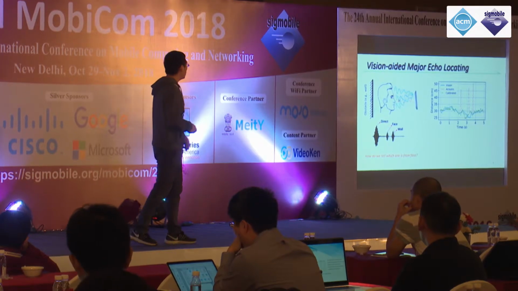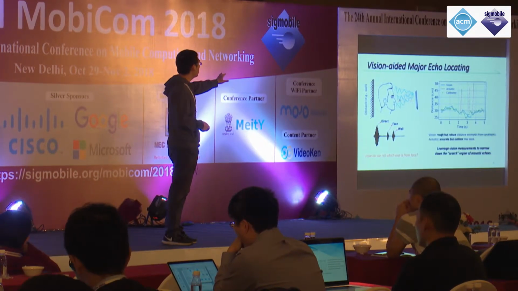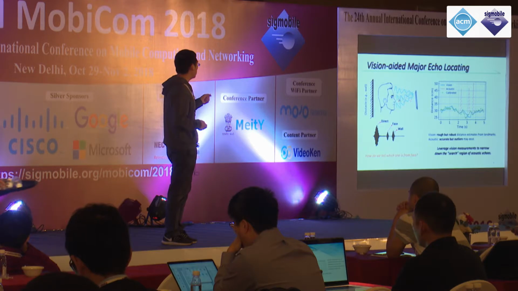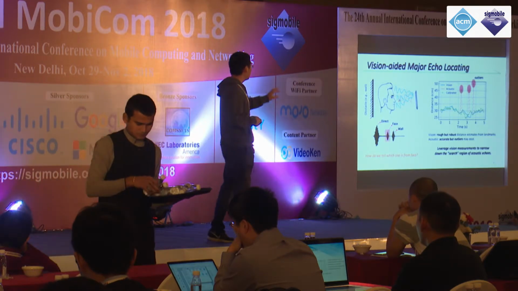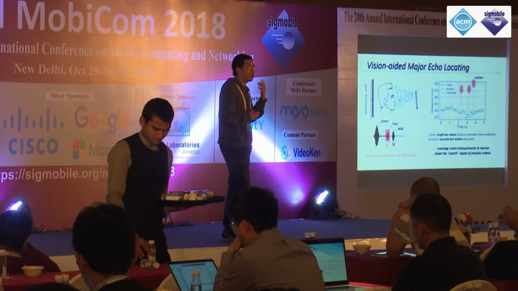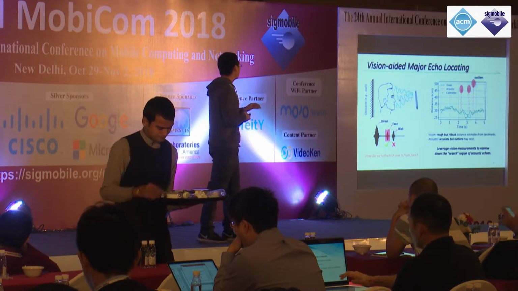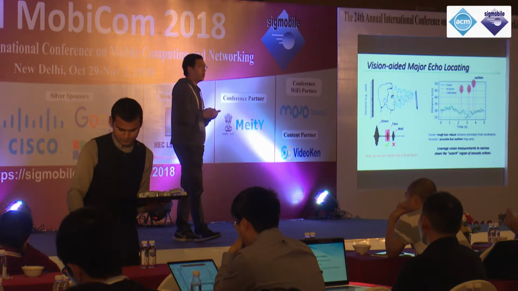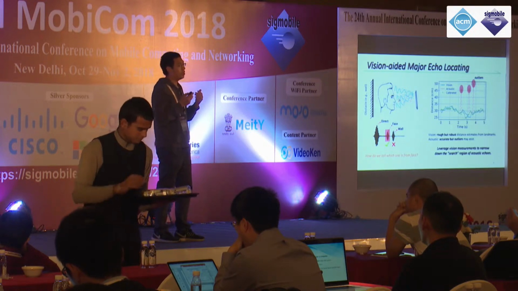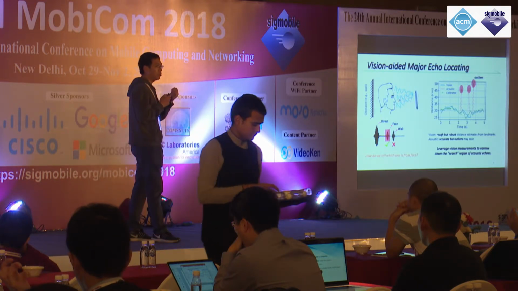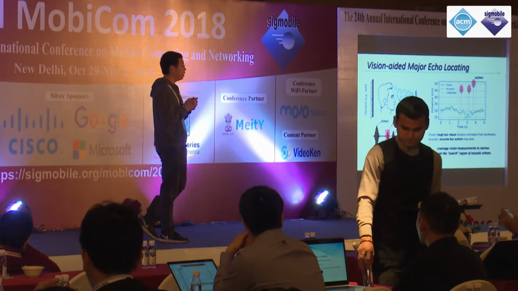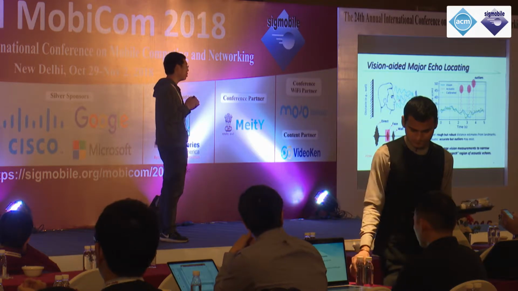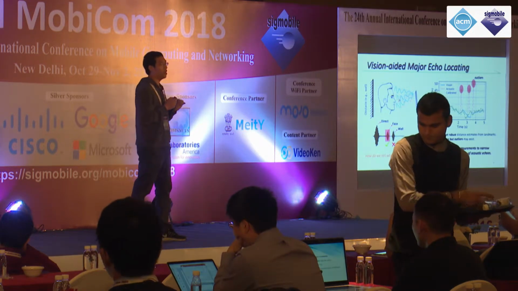As we can see, we have some outliers here. That's because you may have even stronger echoes from the clutters. Vision can provide us a rough estimate of the distance measurements, but it's robust. For acoustics, even though it has higher resolution, you may have outliers.